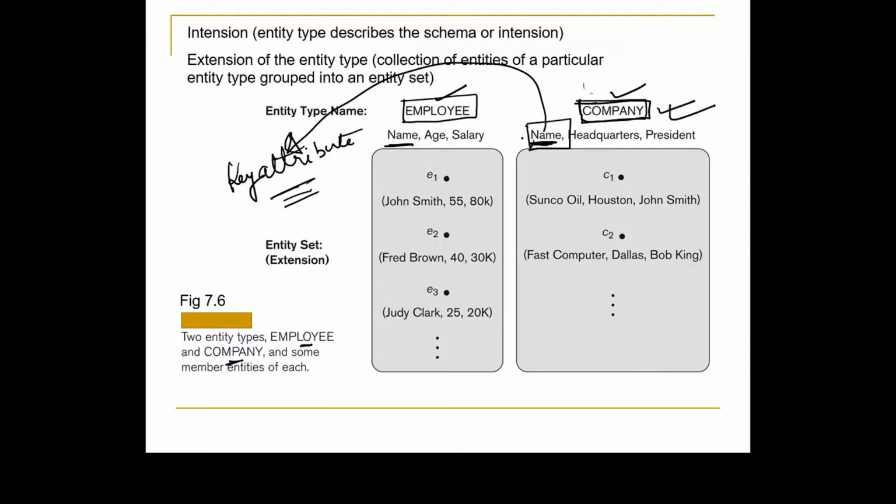But for the person entity type, let's say some entity in the database which is person, in that case name cannot work as a key attribute, because two persons can have the same name. But in case of company, it can be. That is what I am trying to say.